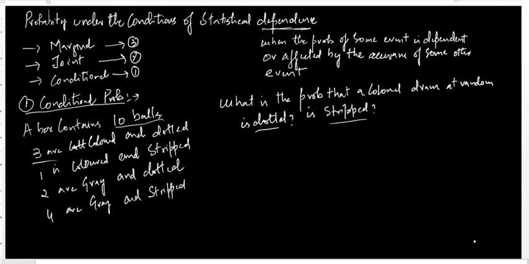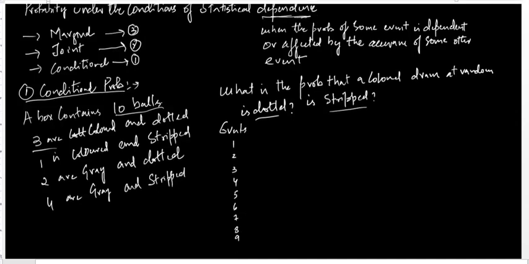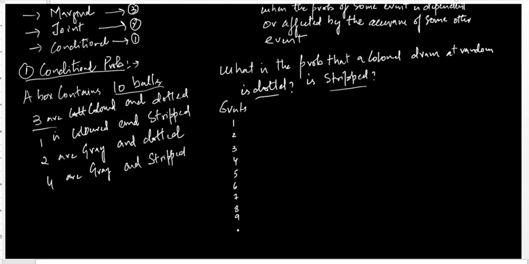Firstly, let me talk about the probability of each of the balls. I have 10 balls, so my events are going to be 10 in this case: 1, 2, 3, 4, 5, 6, 7, 8, 9, and one more, that is 10.